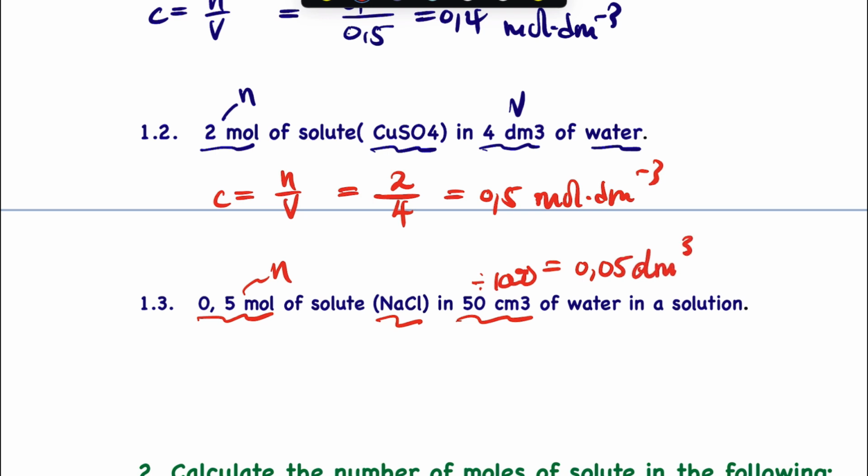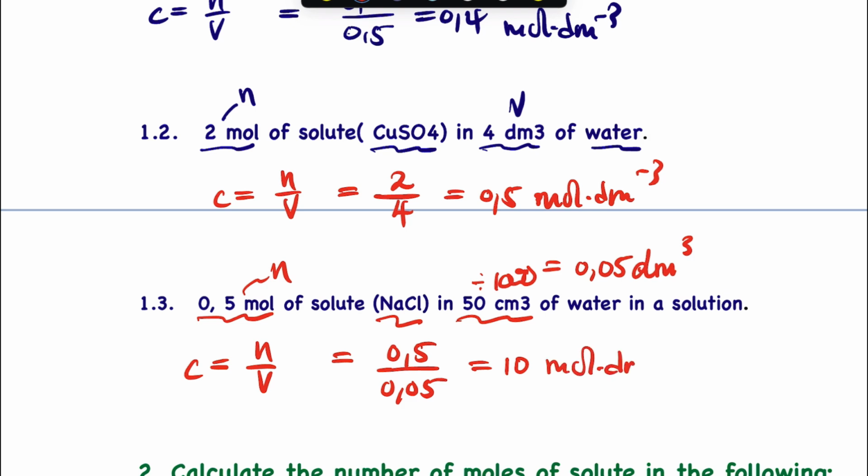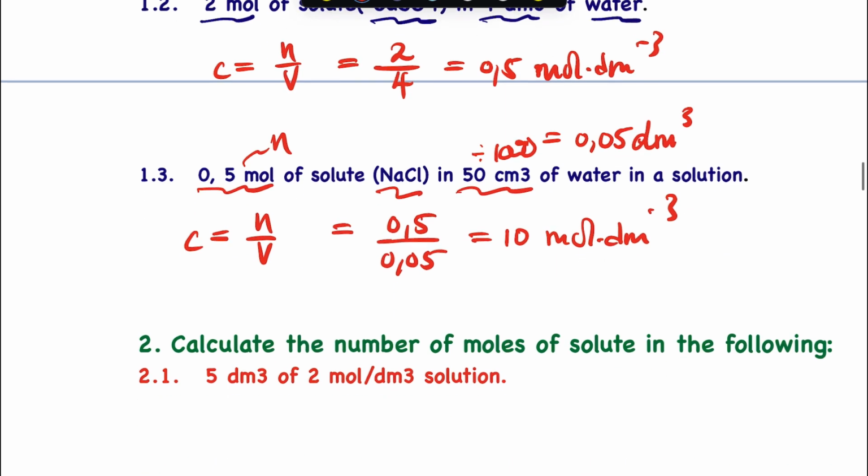That's the volume. And we need to calculate the concentration. We say C is equal to n over V, and the number of moles is 0.5. We divide by 0.05, right? So 0.5 divided by 0.05, and then the answer will be 10 mole per dm3, right?